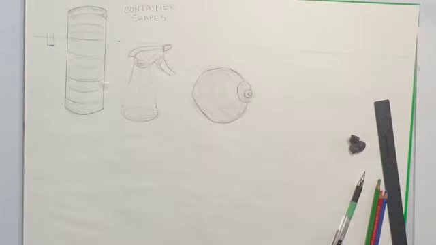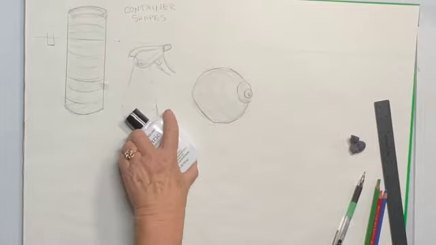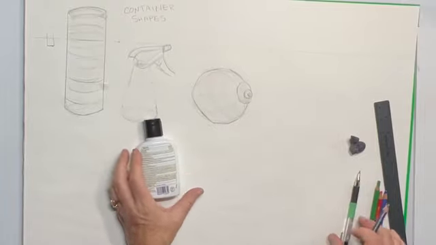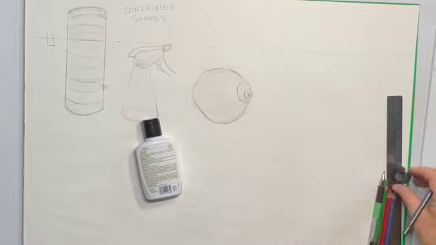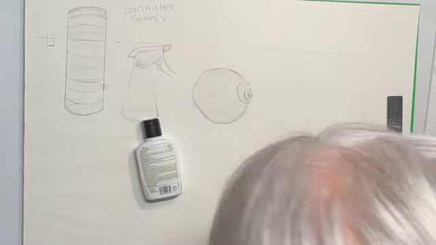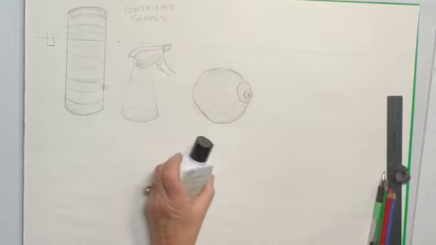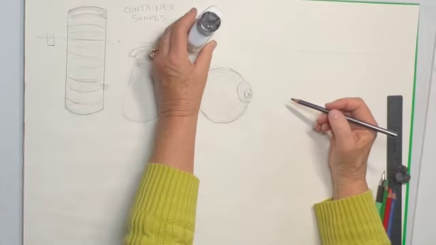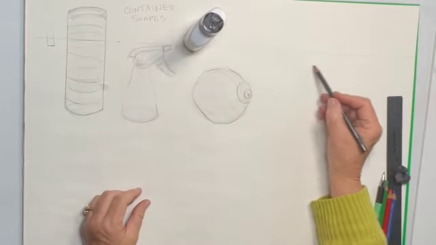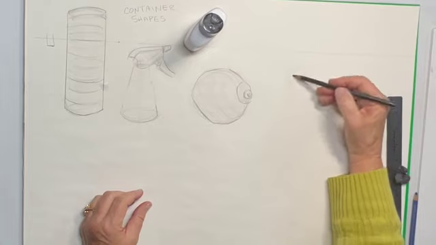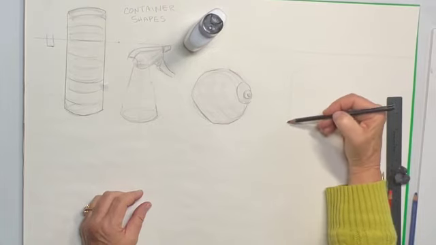So you can do this with many objects around the house. About something like this. It's just a bottle. We can set it in a cube. You now know how to draw a cube. I'm going to put it up. Okay, I'm drawing my closest corner.